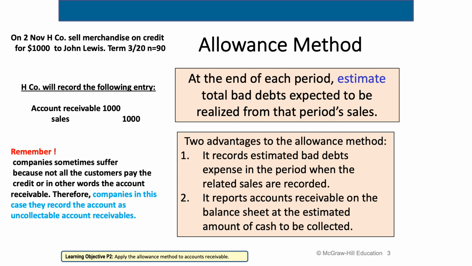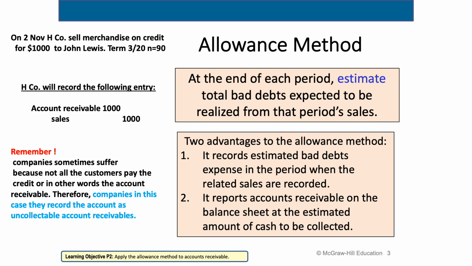Now you have to remember that companies sometimes suffer because not all customers pay their credit, or in other words, their account receivable. Therefore, if the company did not receive the money from the customer, they record the account as uncollectible account receivable. Not all customers are good customers who are going to pay their account receivable.